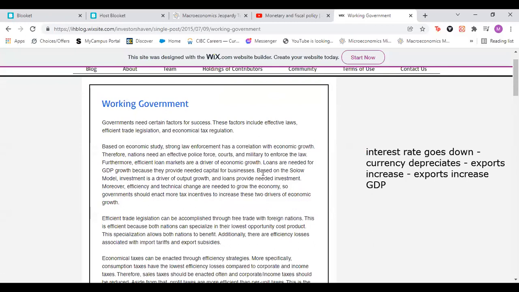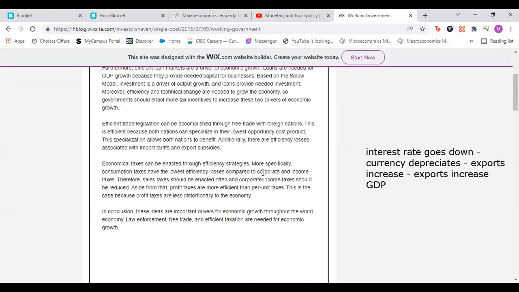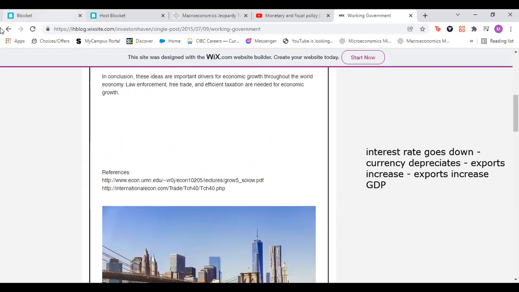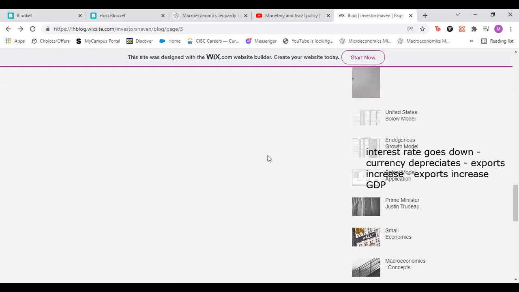Providing loans to people can grow the economy. Efficient trade legislation, so free trade, can grow the economy. And having sales taxes instead of other taxes would be most efficient. Just having a sales tax instead of corporate taxes and income taxes would make the economy work better. So those are good ideas for how to grow the economy.